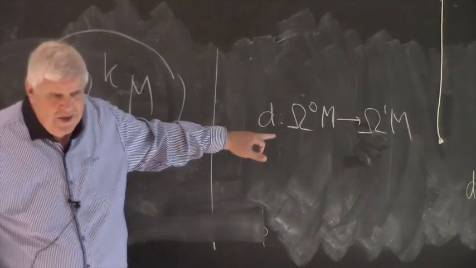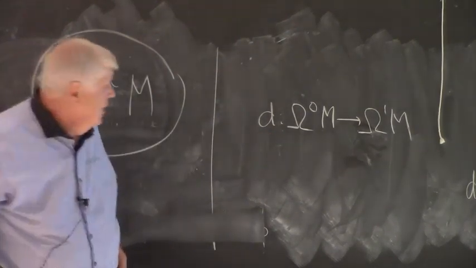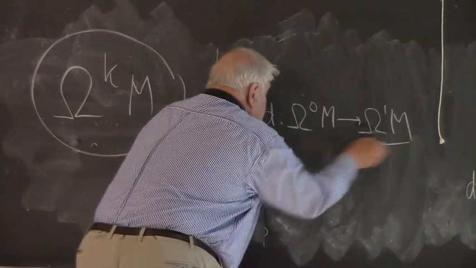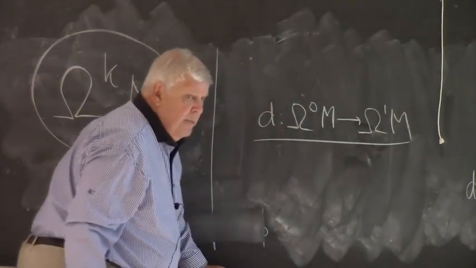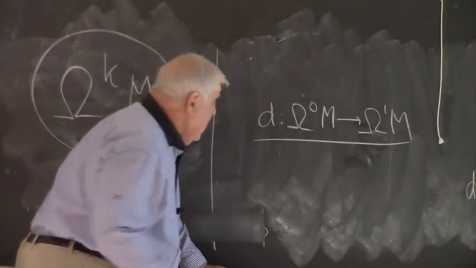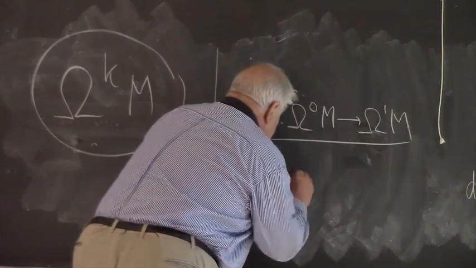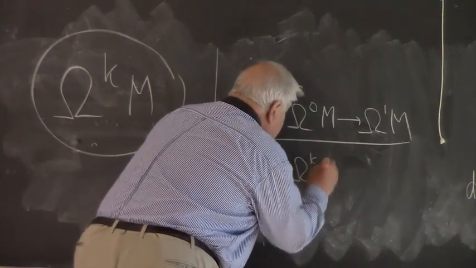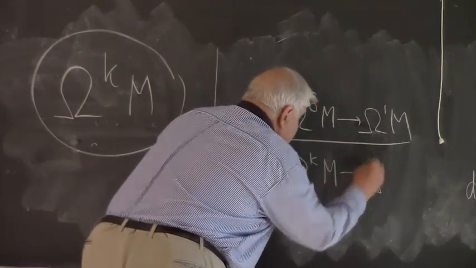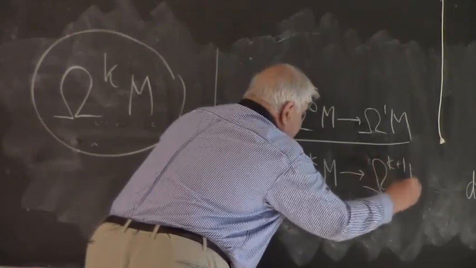To a zero form, the function, we assign a one form. Actually, in this theory, the most important notion is the notion of differential. But the differential will act from omega k of M into omega k plus 1 of M.